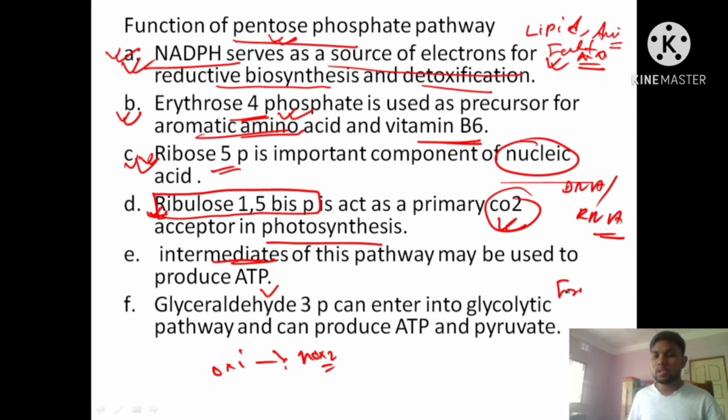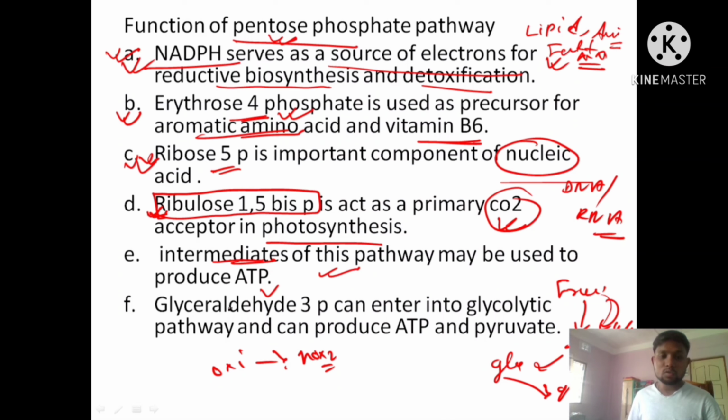Like from fructose 6-phosphate, you are getting ATP by generating glucose 6-phosphate. From glucose 6-phosphate, they will give rise to glucose, and this glucose will come into glycolysis, and they will give rise to ATP. So I just told you in a simple way how you can get ATP. There are a lot of intermediates that will give rise to ATP.